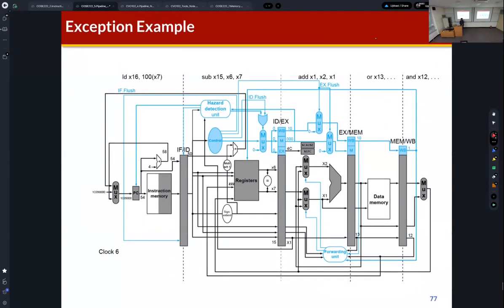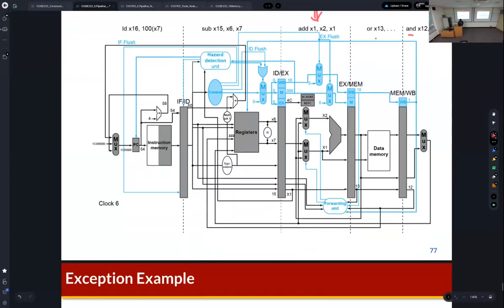So in the pipeline diagram, you can find which instruction is in which stage. As I mentioned, add is here, and the OR is here, and the next is here, then sub is here.